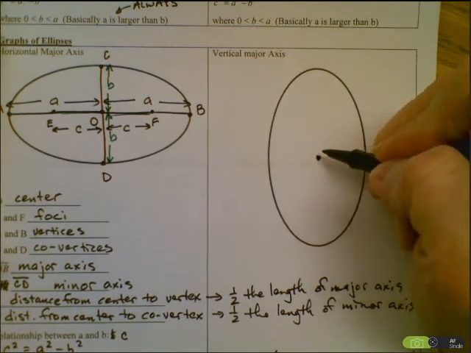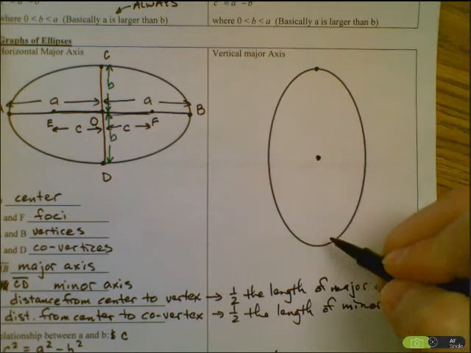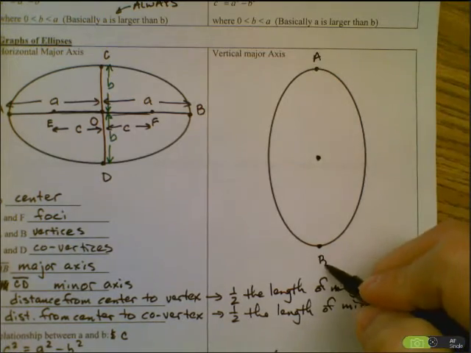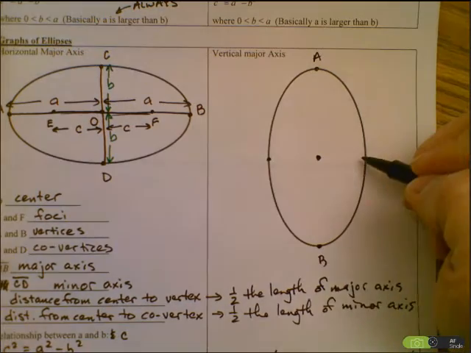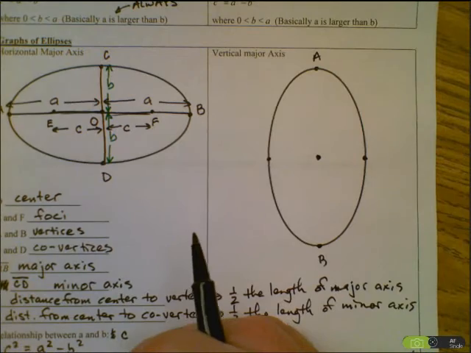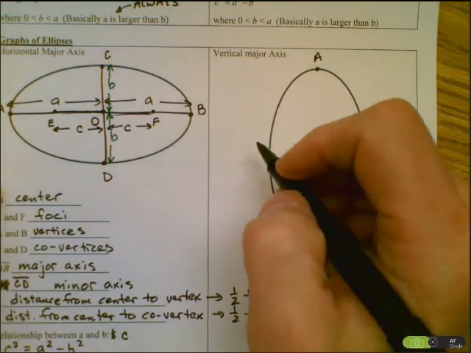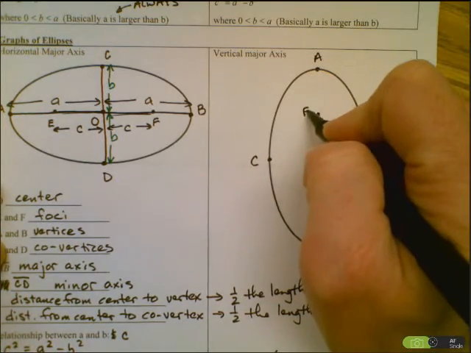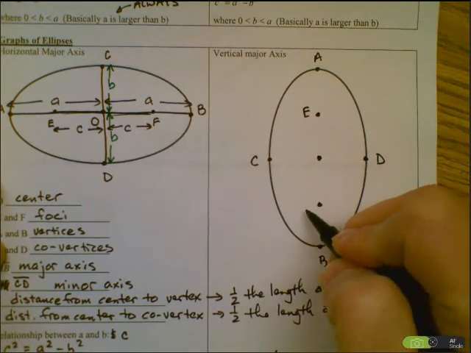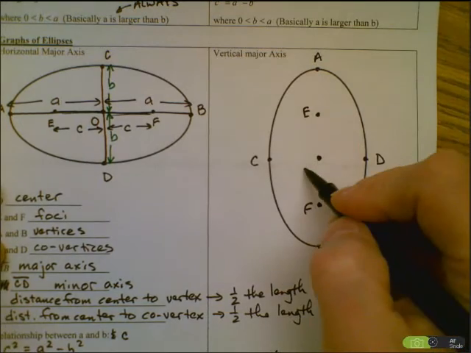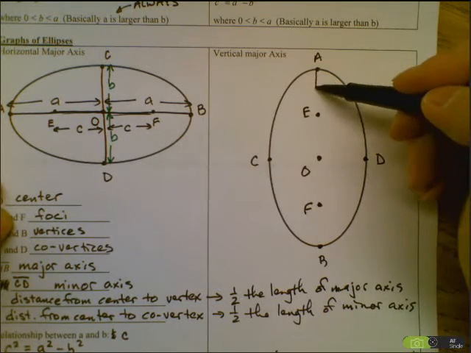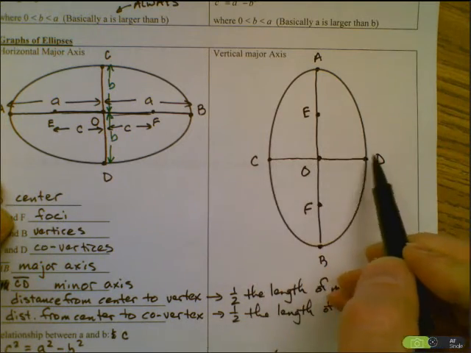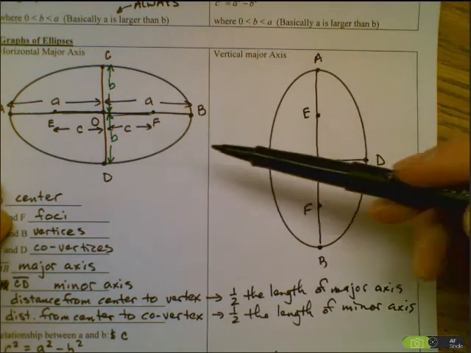Alright, so again with our major axis vertical, we're going to have the same points. We're going to have a center. We're going to have vertices along the major axis. So this would be our A and this would be our B. We're going to have vertices along the minor axis. So this would be our C and this would be our D. We're going to have foci, E, another focus, F, and then this would be our center, O. So then we would have our major axis, we would have our minor axis, and then all those other distances.